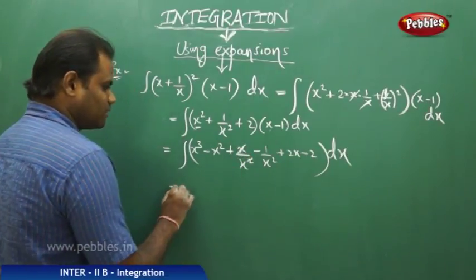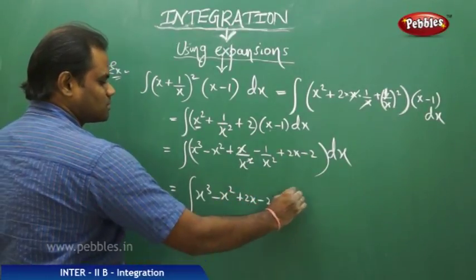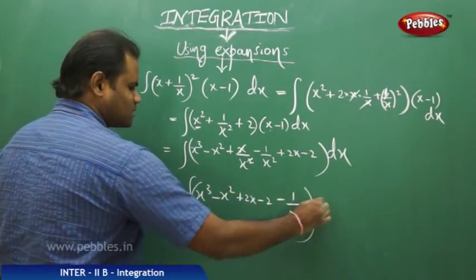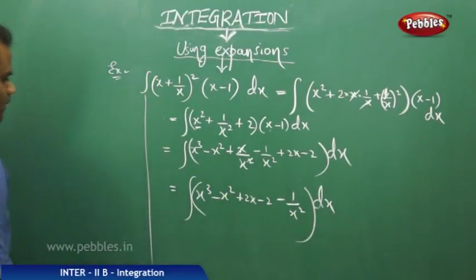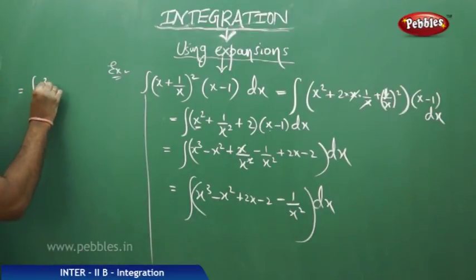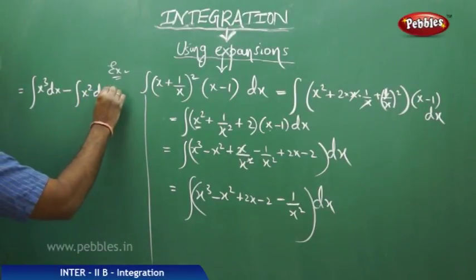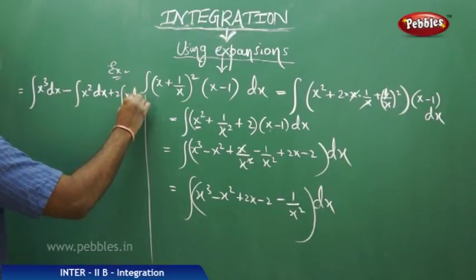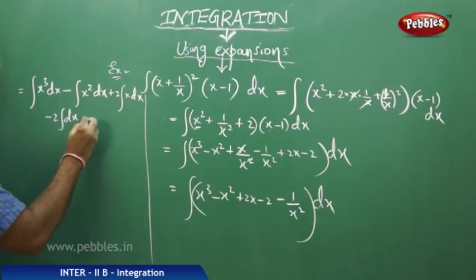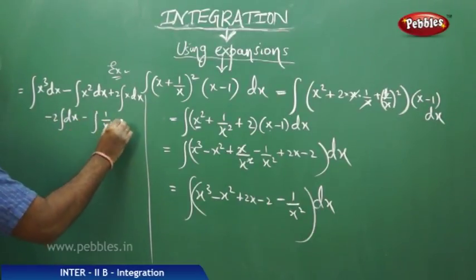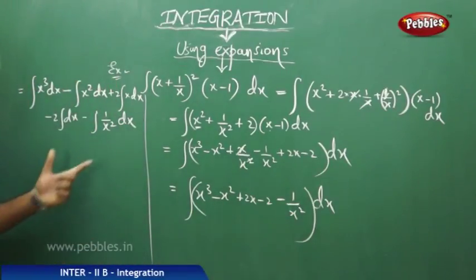This on further simplification reduces to x cubed minus x squared plus 2x minus 2 minus 1 by x squared dx, and hence I'm going to split the factors, that is integral x cubed dx minus integral x squared dx plus 2 integral x dx minus 2 integral dx minus integral 1 by x squared dx, when I split the integral with respect to each of the terms.